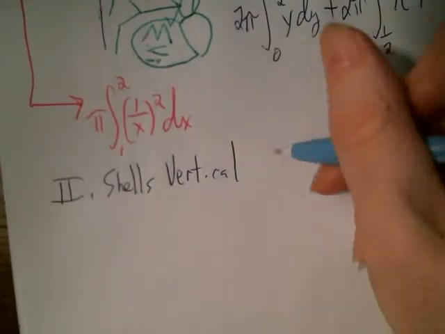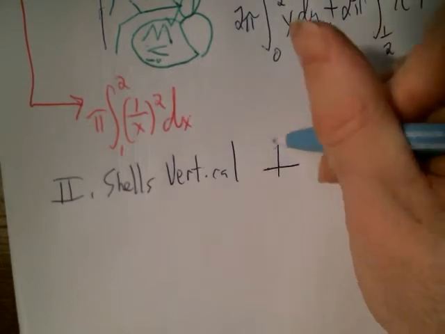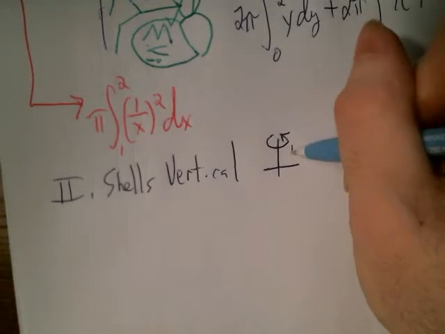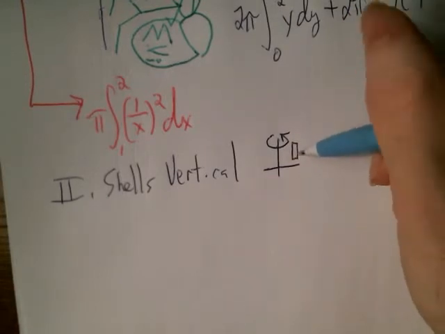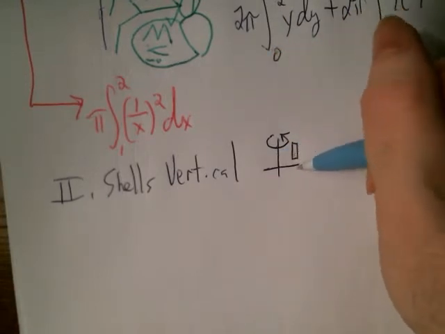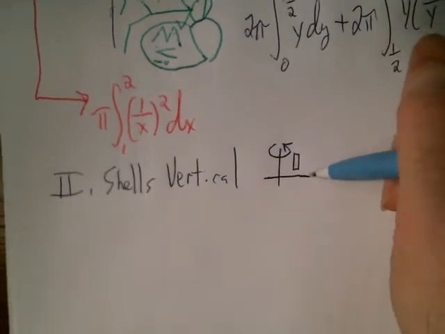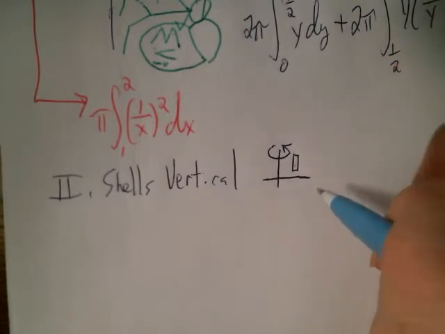So in this case, when you're doing rotations about the y-axis, the rectangle will be something like this, and we're rotating this rectangle around. Its base would be projected onto the x-axis, so our formulas are going to be in terms of x, is what I'm getting after.